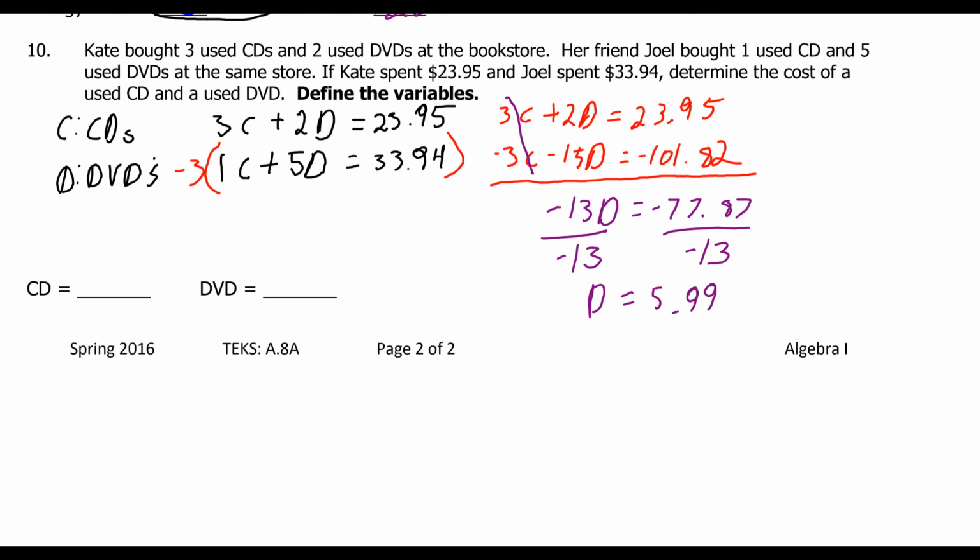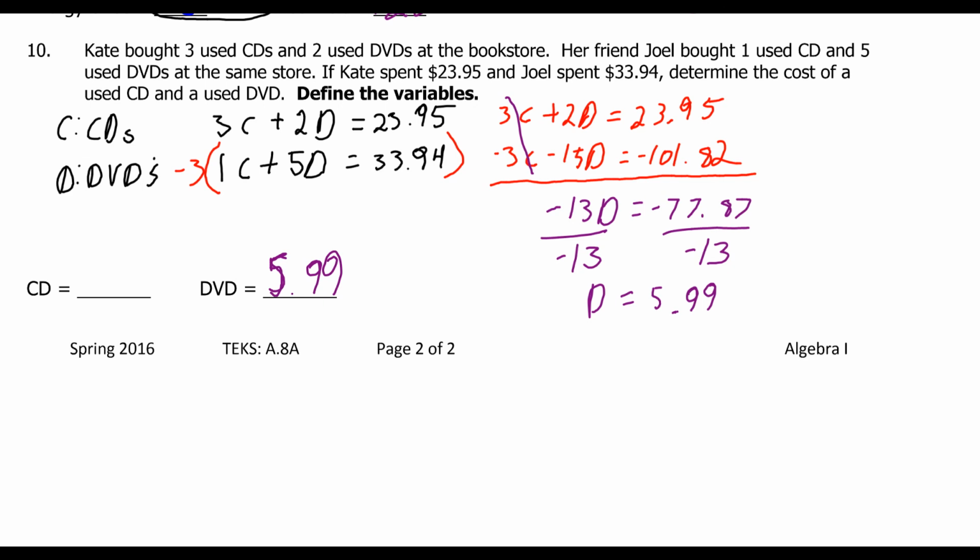Don't forget, when you divide a negative by a negative, we wind up with a positive. So the DVDs cost $5.99 each.